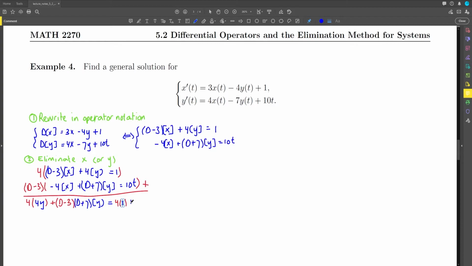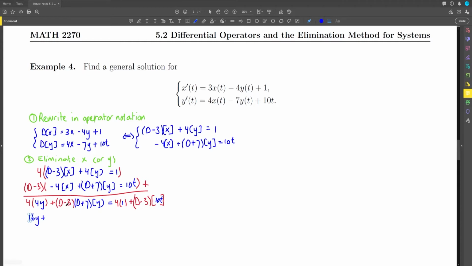And then the second part, I add D minus 3 acting on 10t. So now let's simplify this and see what we get for y. So 4 times 4y, that's 16y.